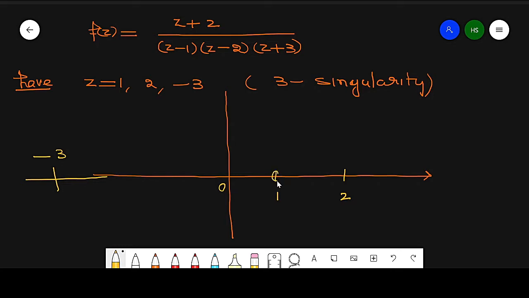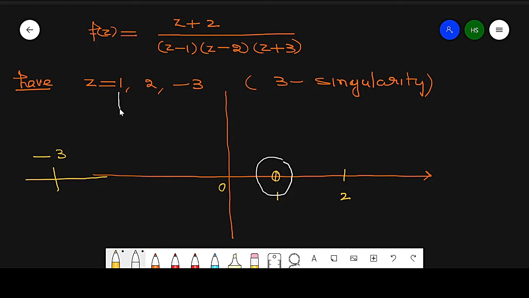This point is a singular point of function f(z). Now, if I take any deleted neighborhood of 1, we check that at the other points in the deleted neighborhood the function is analytic.